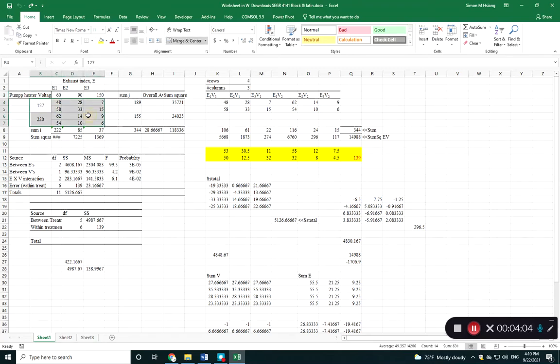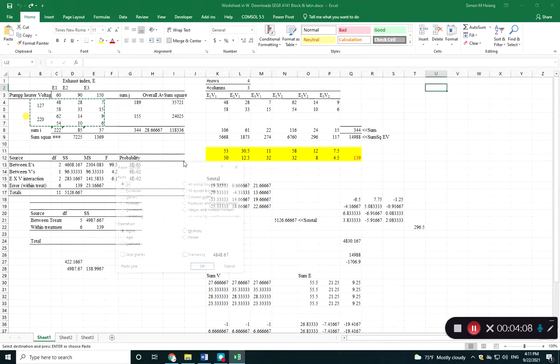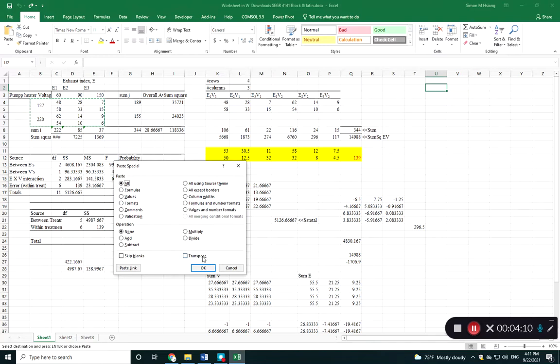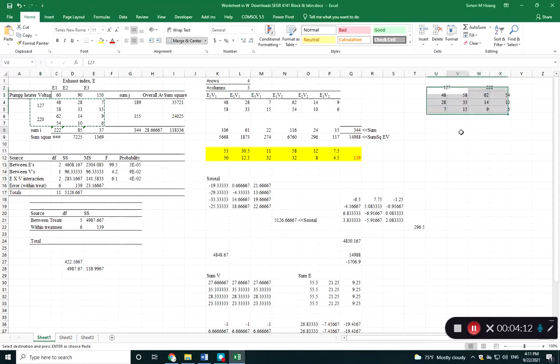Okay, Control C. Okay, special transpose. And so I will have treatment 1, 127, treatment 2, 220. So agree with me that you can look at it this way and this way, right?